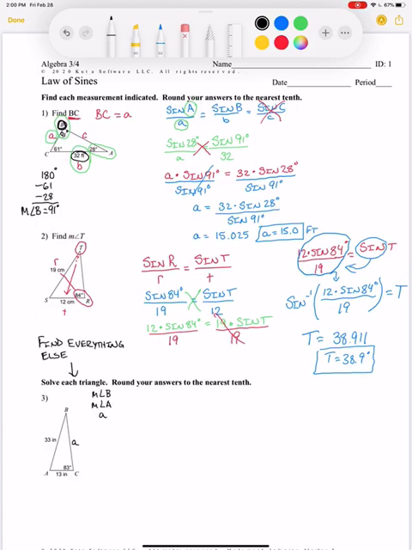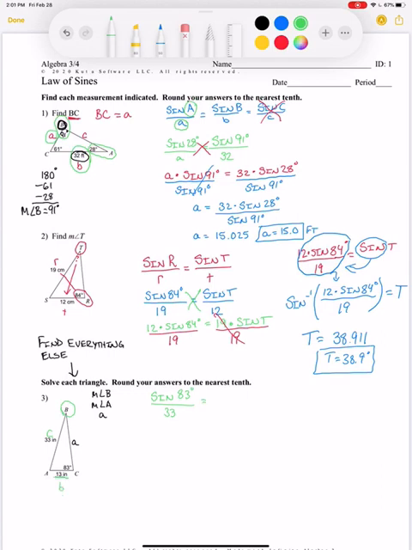What I do have is both angle C and side C, so I can use that ratio. The sine of angle C, so the sine of 83 degrees over 33 inches, because this is side C. Now I'm going to find angle B first, because I have side B down here.